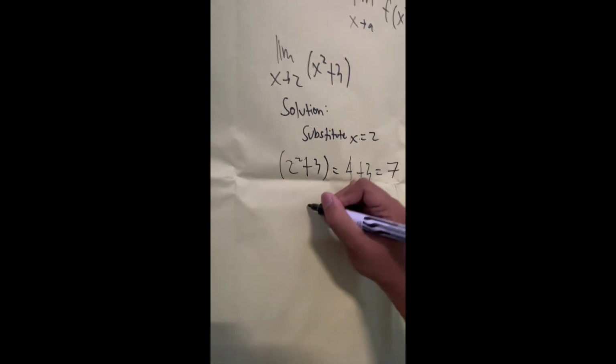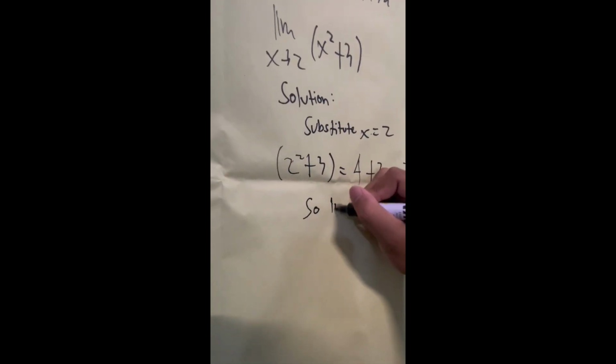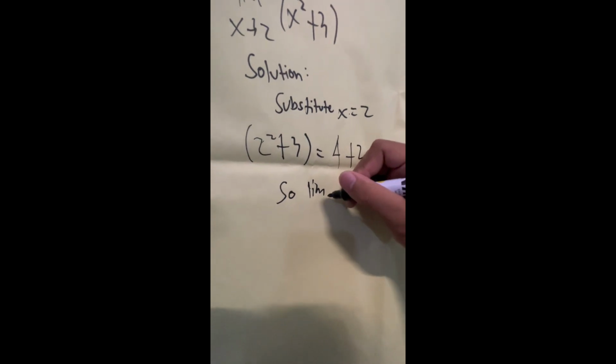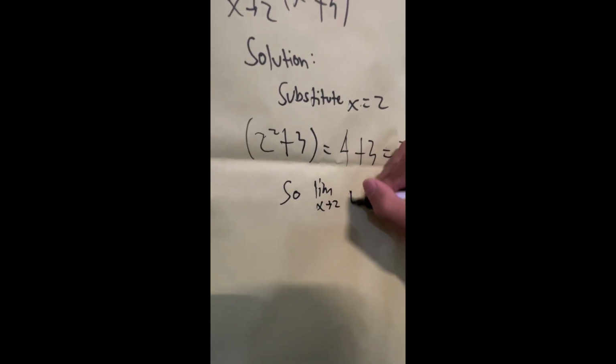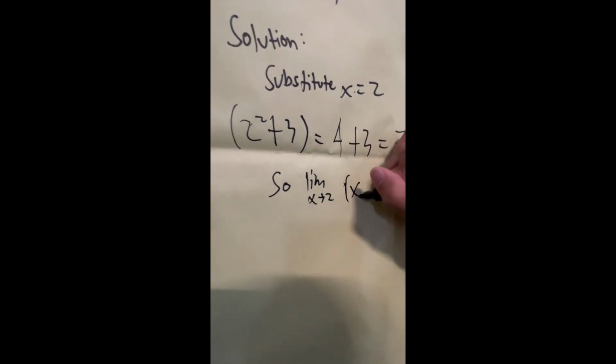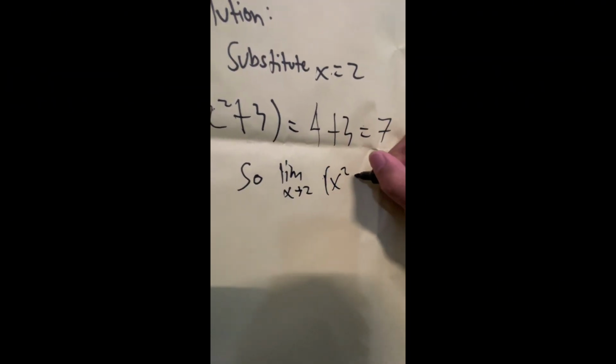So the limit as x approaches 2 of x squared plus 3 is equal to 7. So this is the final answer.